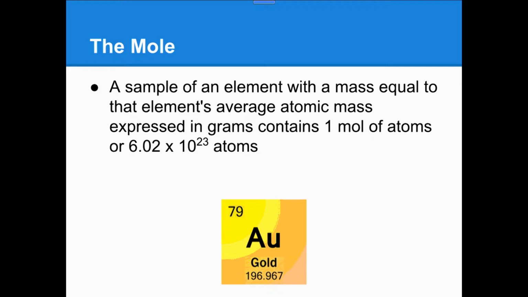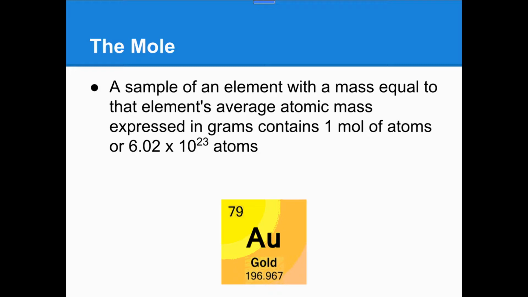So if we put some gold on a scale, those little digital scales that we have in the lab next door, and kept adding gold onto that scale until the digital readout read 196.97 grams, because that's what those scales measure in, then that would equal 1 mole of gold atoms.